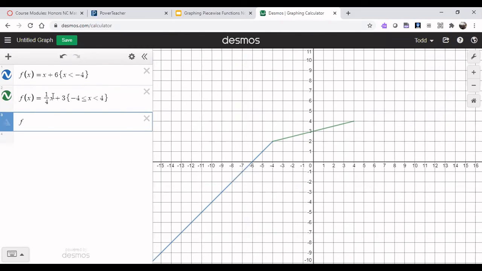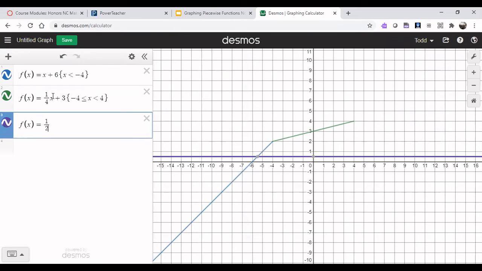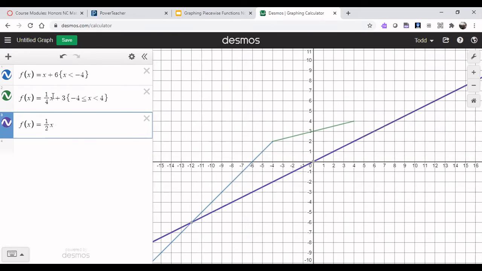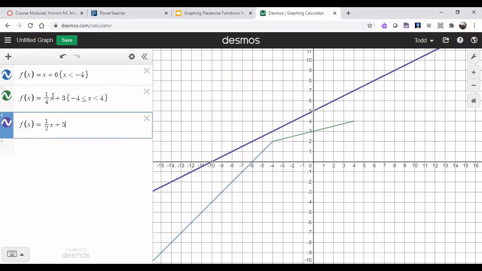And f of x equals 1/2 x plus 5, x greater than or equal to 4.